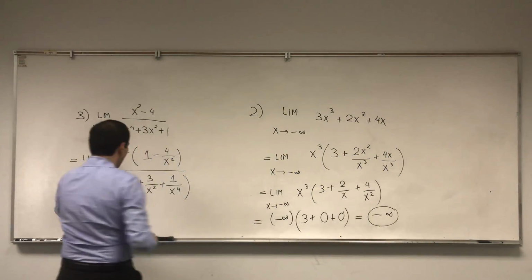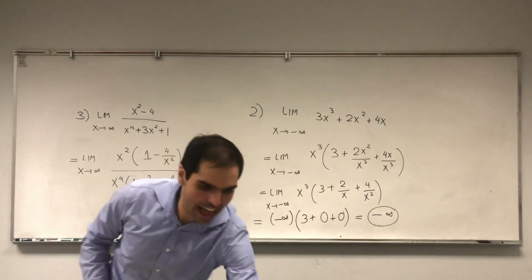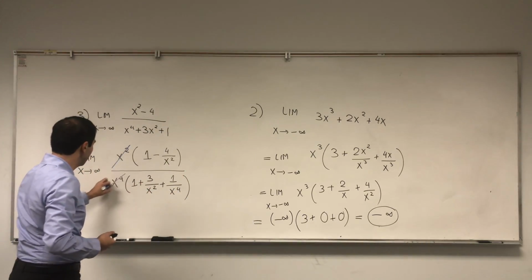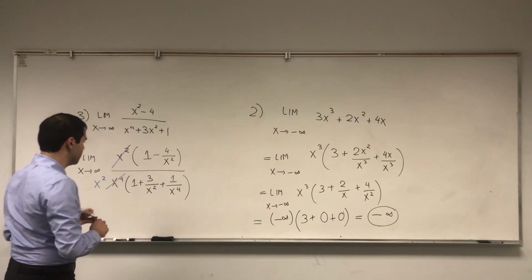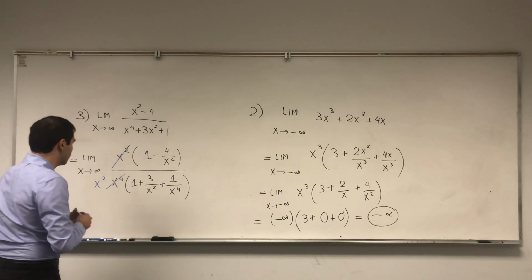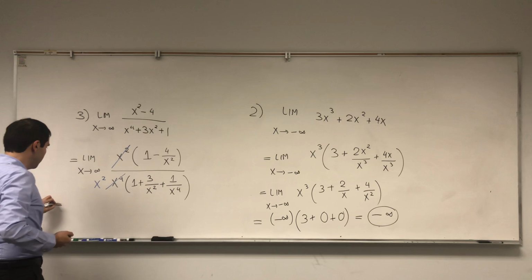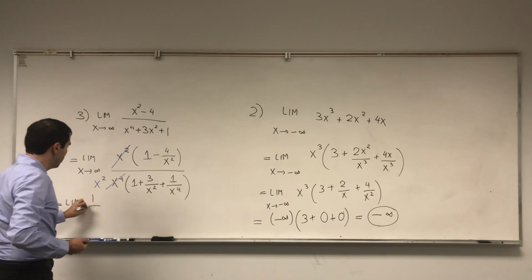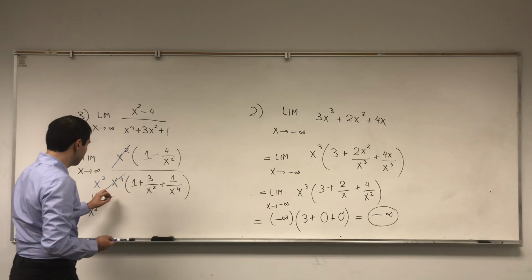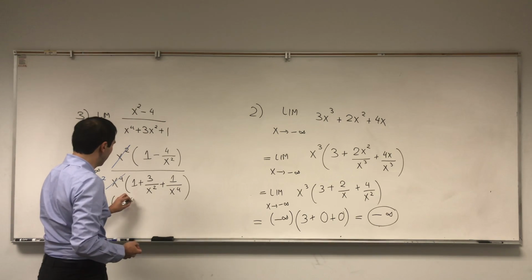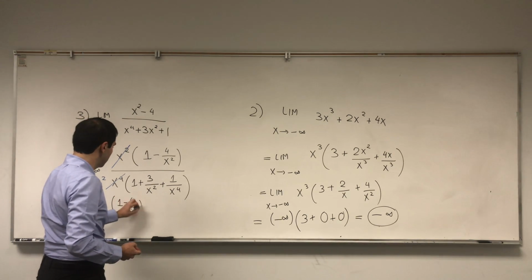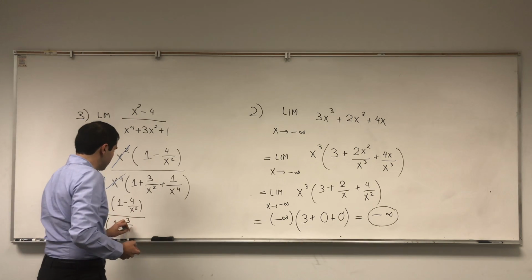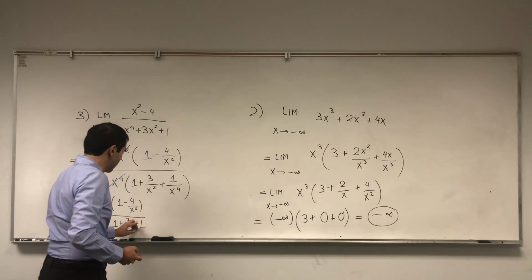For instance, what happens here is that the x squared cancels out with the x to the 4th, and what remains is another factor of x squared. And then what you get is the limit as x goes to infinity of 1 over x squared, 1 minus 4 over x squared, and 1 plus 3 over x squared plus 1 over x to the 4th.